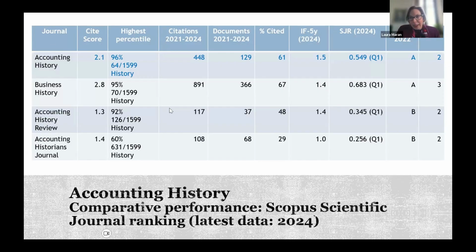Here I've provided a little table for comparison, taking into account that since it is an interdisciplinary journal, our closest comparison is the Journal of Business History, which ranks much higher in the ABS than Accounting History.